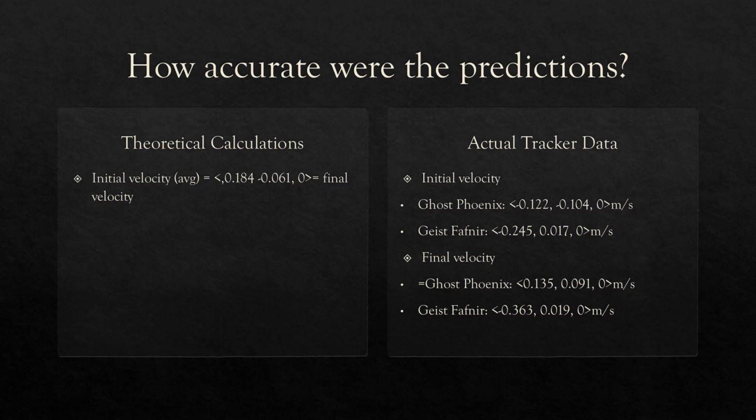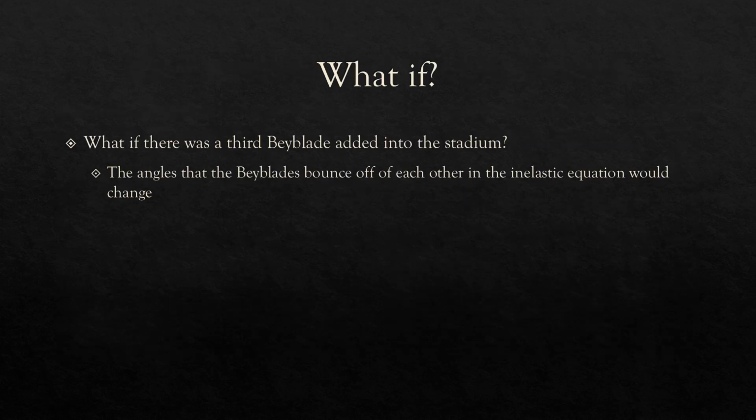And that actually ended up being different from the final velocities, as you can see right here, which means that the energy was not contained within the system and that it was not a purely elastic collision.